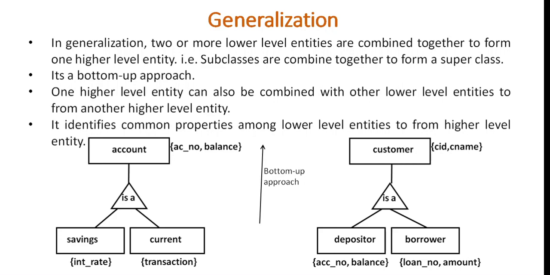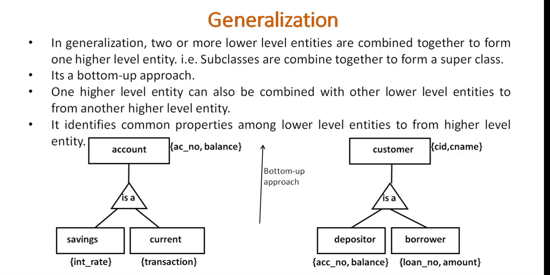Okay, so here, savings account has account number and balance, and current account also has account number and balance. So these are the common properties between these two subclasses. But these two subclasses have their own additional attributes apart from account number and balance. Savings account has interest rate, that is, whenever we open a savings account, we get some interest amount on the balance that we have in our account.